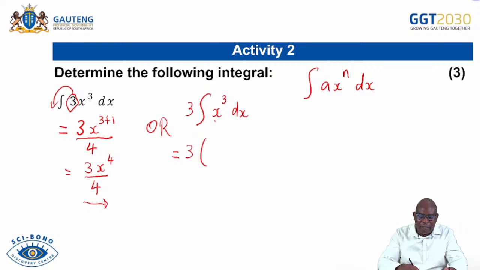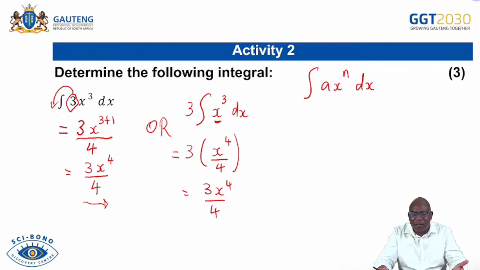Then I integrate that part only, because that 3, I'm not going to integrate it. So then I'm going to have x to the power of 4 over 4. If I integrate that, then the answer will still be the same, 3x to the power of 4 over 4. But you see, it's the same thing. I've just taken the 3 out there, and then from there I integrated it.